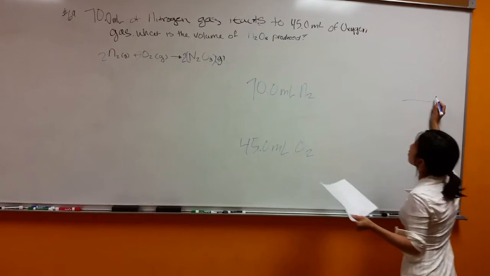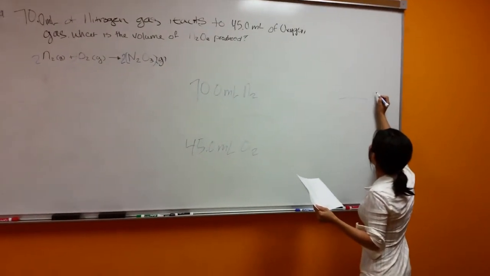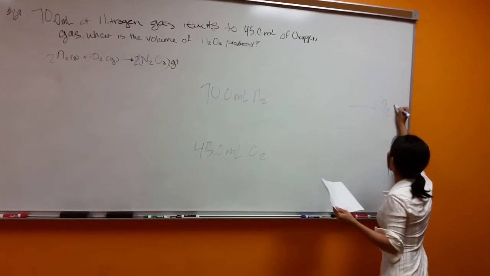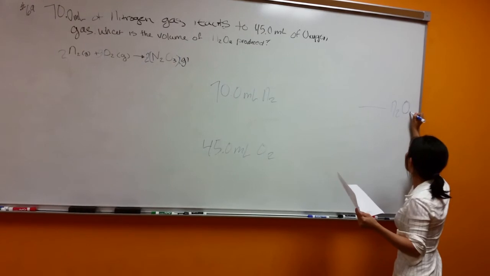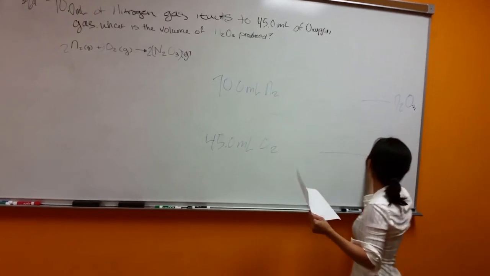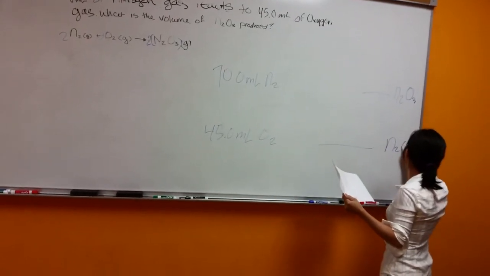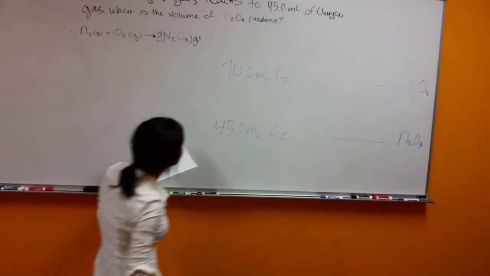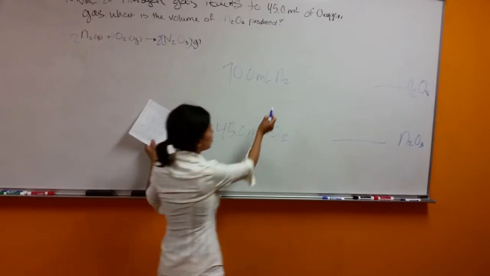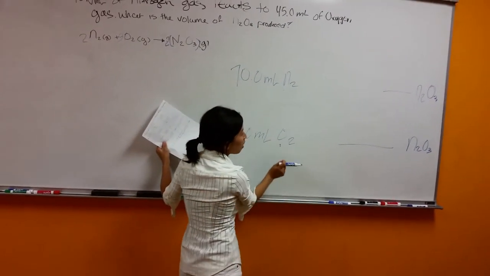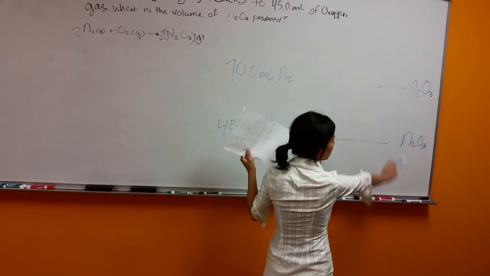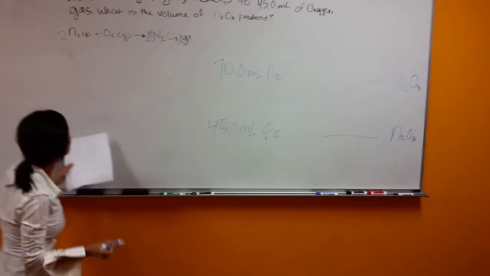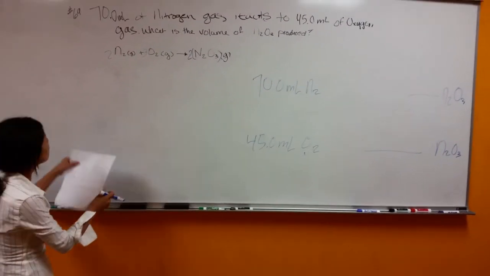And our goal is to get to how much dinitrogen trioxide is going to be produced. Okay, so for here we need to figure out the unit factors that are going to eliminate these two and just arrive at dinitrogen trioxide.